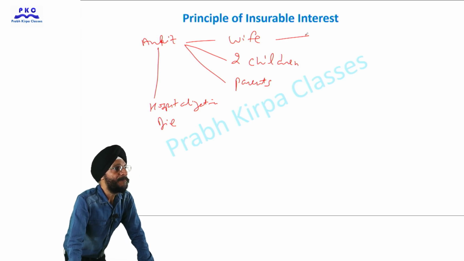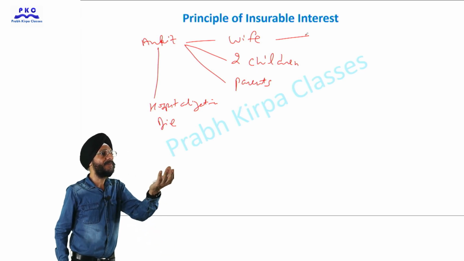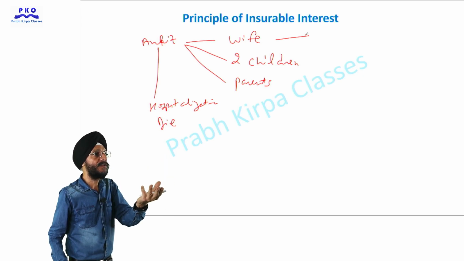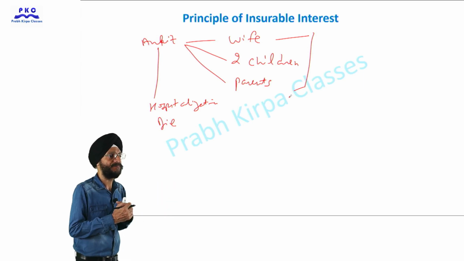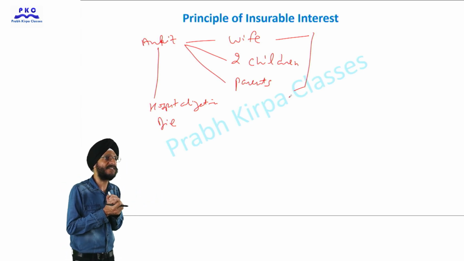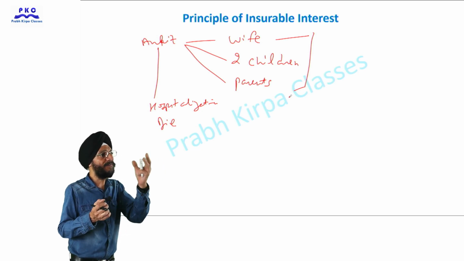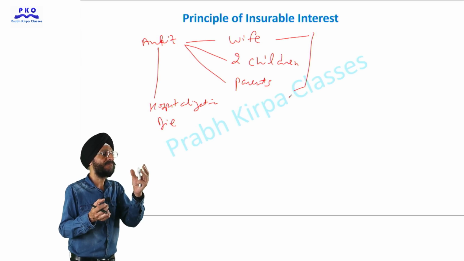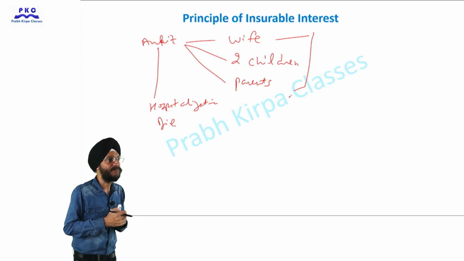In the same way, it is possible that his wife may get hospitalized, or his children or parents may also get hospitalized due to any reason. So if any of these unforeseen events occurs, it will naturally put a financial strain on the resources of Ankit.